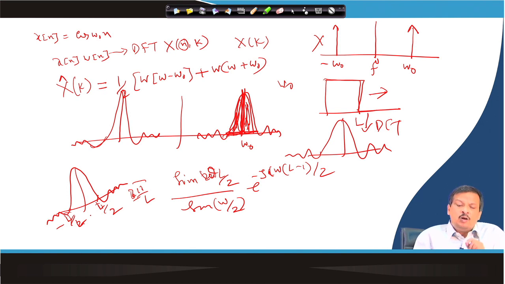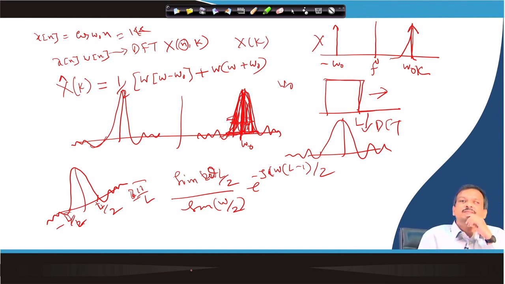So, suppose this omega 0 is 1 kilohertz. So, instead of getting an impulse at 1 kilohertz, if I take the DFT, I get a power distribution near 1 kilohertz. So, not only the single 1 kilohertz, but side by side frequencies also get impulses. So that is called DFT leakage.